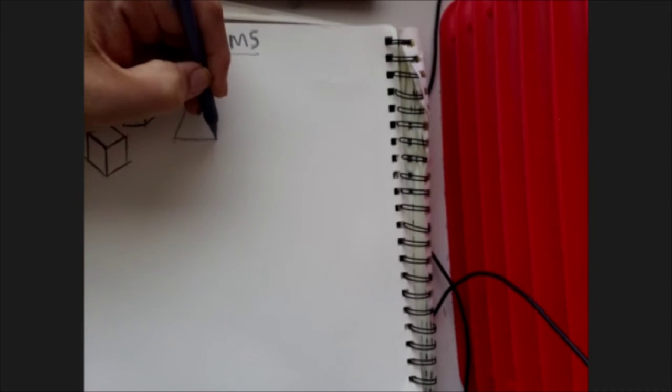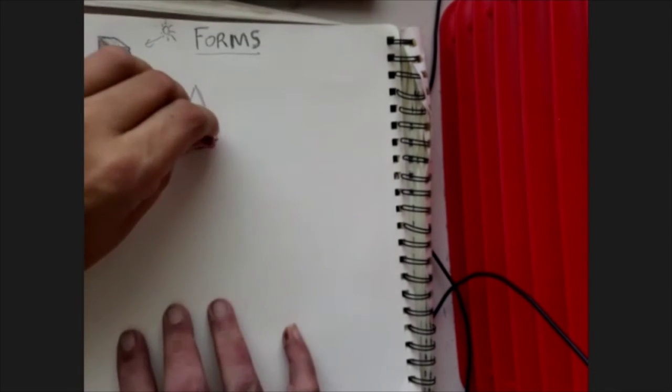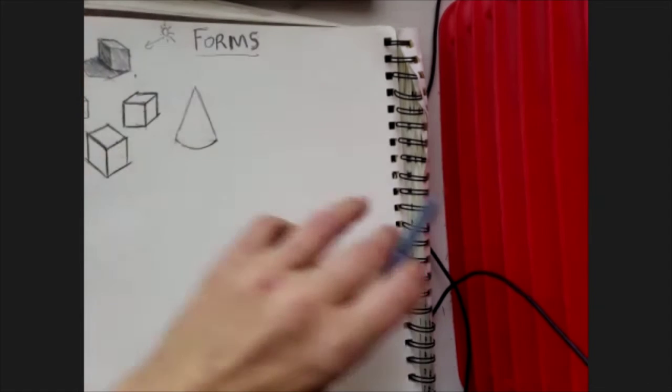So down here, we need to draw a curved line that bends down. And once you draw this line, you need to erase this one because we don't need it anymore. And there you have your cone. Hopefully that was pretty easy. So we're using basic shapes to draw these 3D forms.